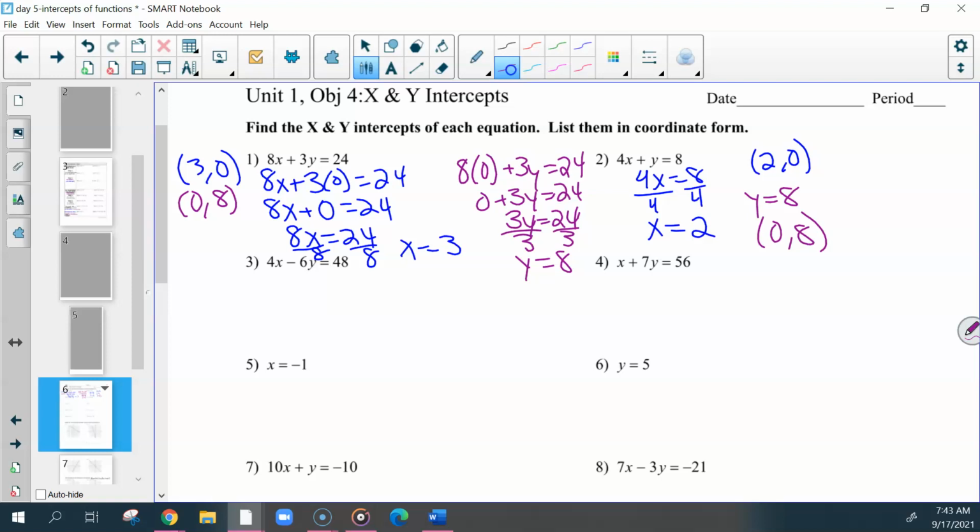So in my mind, I put 0 in for x, that became 0, it disappeared. I just didn't write all that. Anybody have any questions on those?